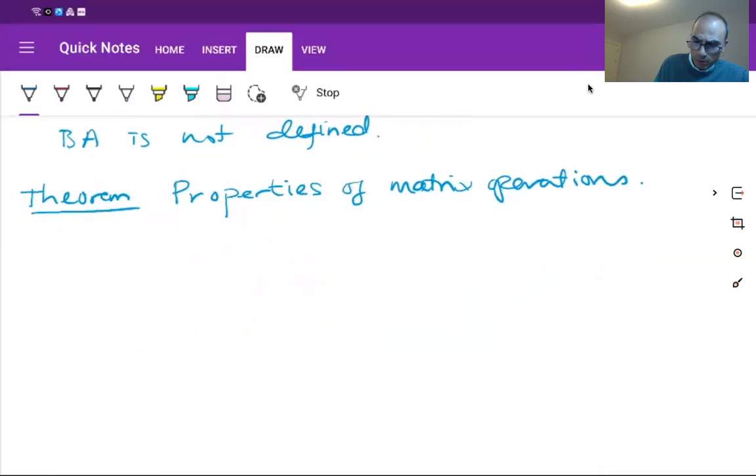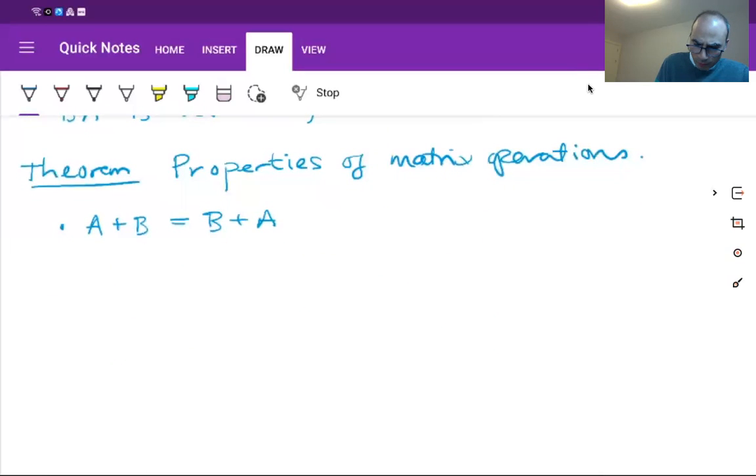Let's suppose that A, B, and C are matrices of appropriate sizes, and so we have A plus B is equal to B plus A. So addition of matrices is commutative. If it's defined, it's commutative.